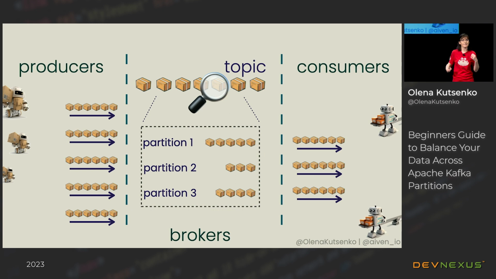So partitioning is a mechanism to distribute data from the topic across multiple brokers in the cluster. It is also, very importantly, a way to parallelize production of the messages which go into the system and then consumption of those messages. So it is a key for the horizontal scaling of your system, of the platform. And it's a very, very powerful mechanism.